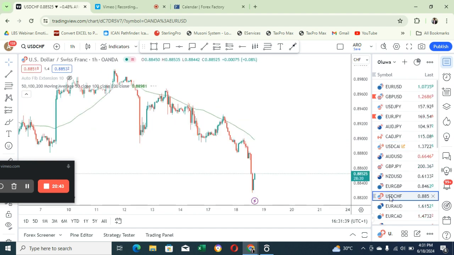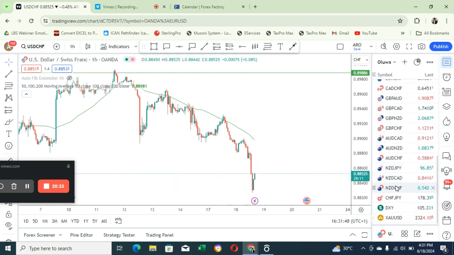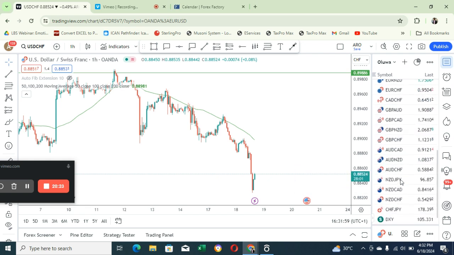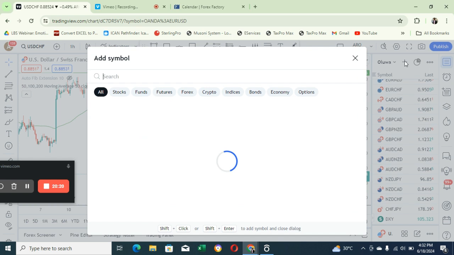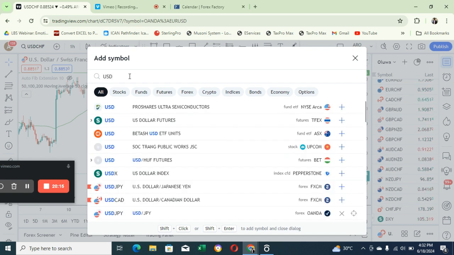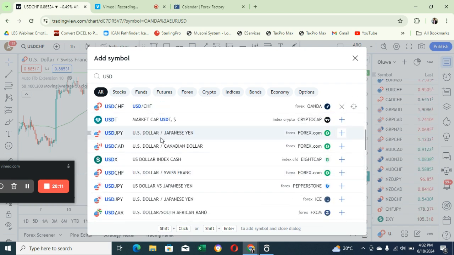US Swiss franc at 1:30, you can see that everything fell in line because the news that came up at that particular time was against the US-based currency. So let me look for another US-based currency so that you can really understand what I'm saying here.